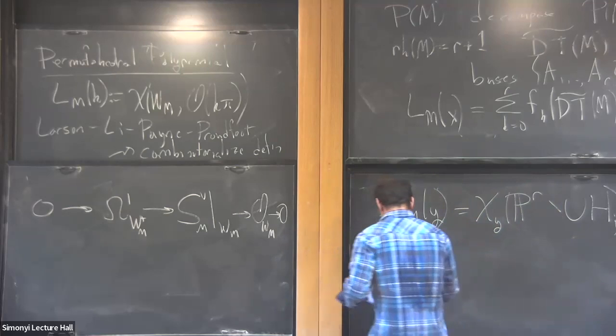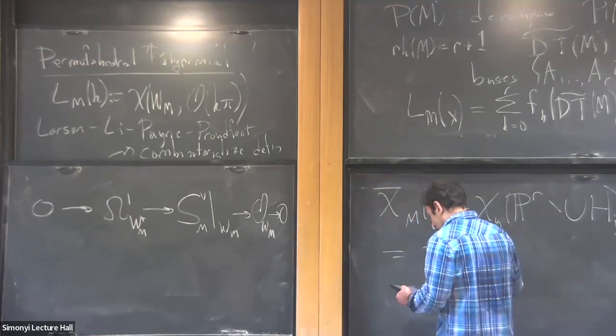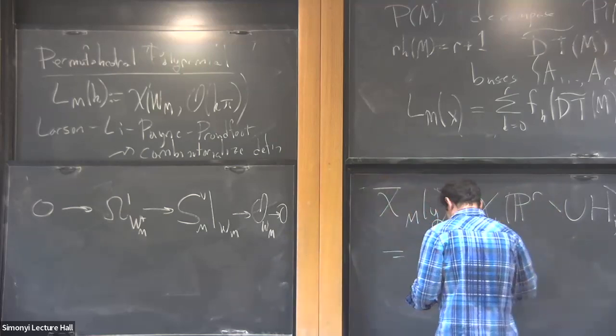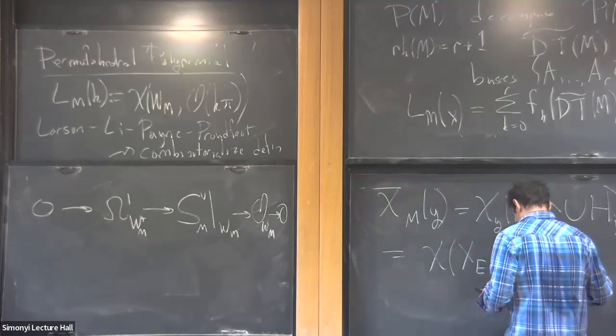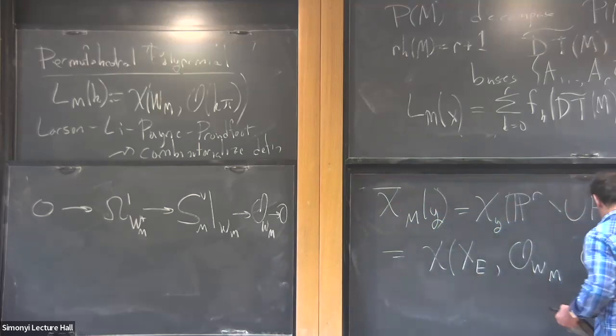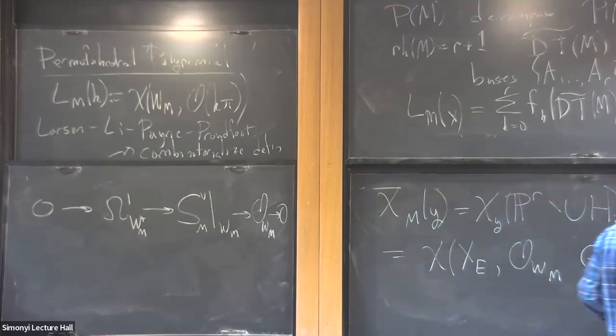I want to do it on the permutahedral toric variety. Fortunately, all the interesting stuff I want is pulled back from the permutahedral toric variety.